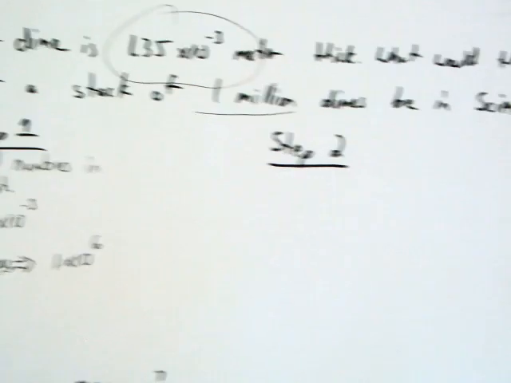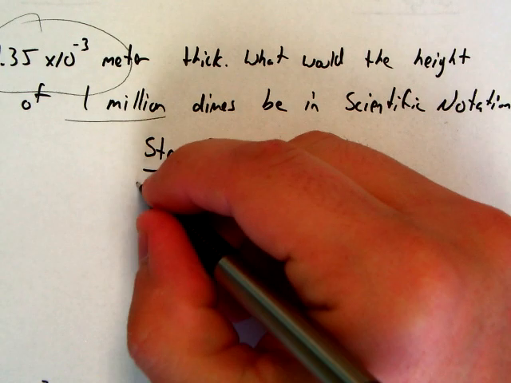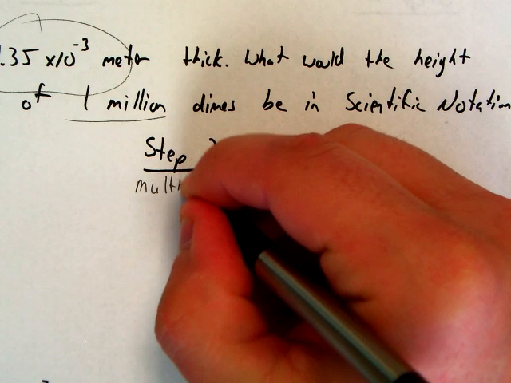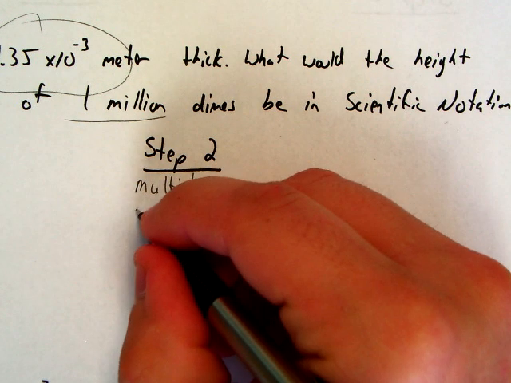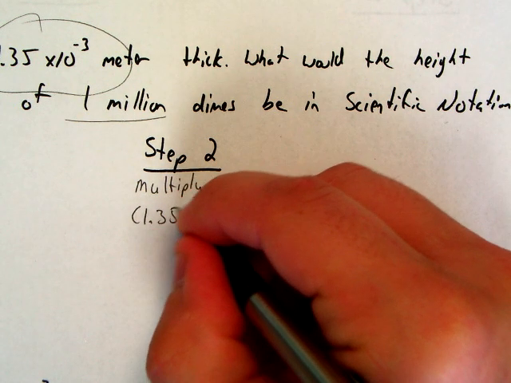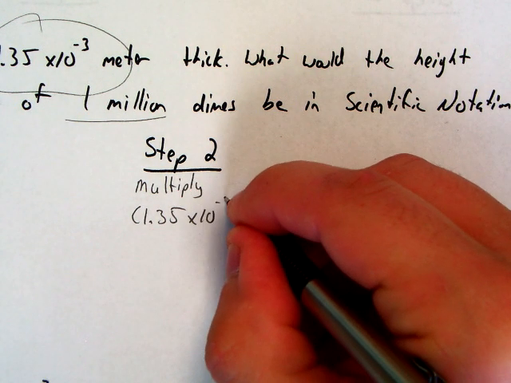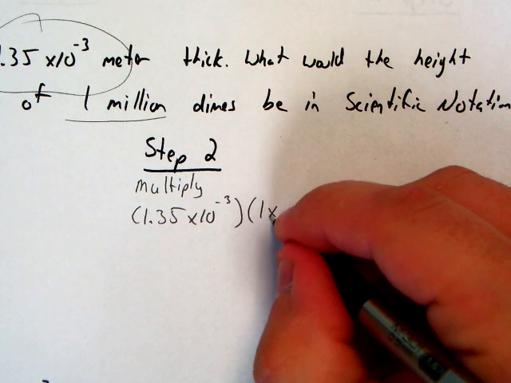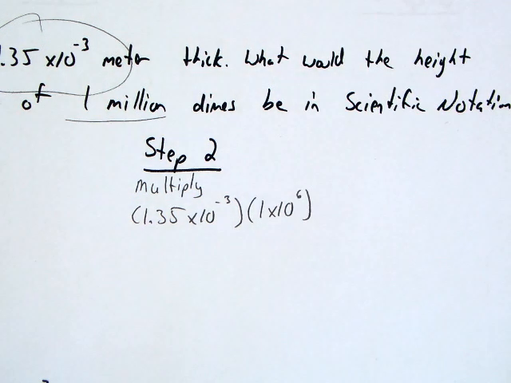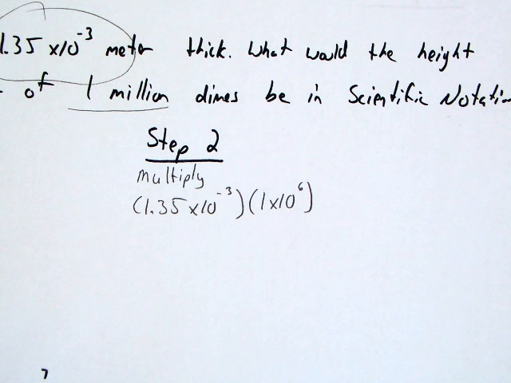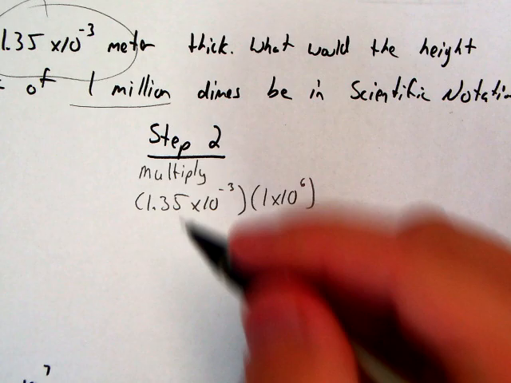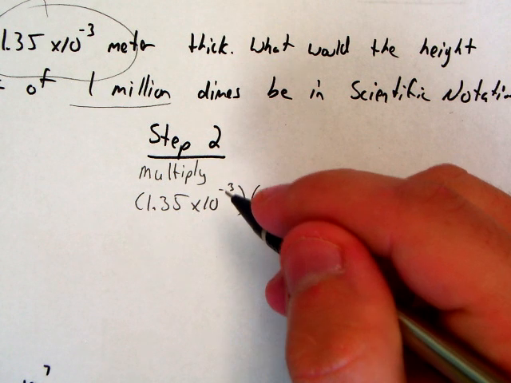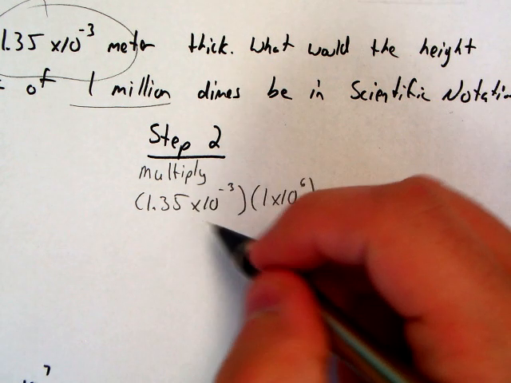Step 2 now is we're going to multiply. And so I have 1.35 times 10 to the negative third multiplied by 1 times 10 to the sixth. Now when we multiply numbers in scientific notation, we can use a property called the commutative property to move parts of it around.